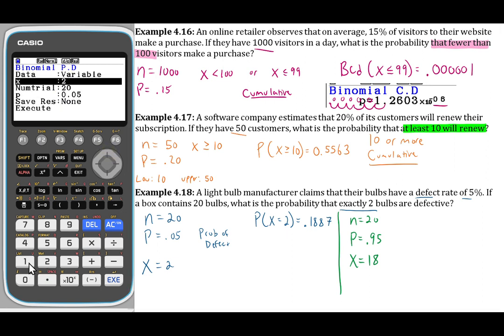So if we make X value of 18, number of trials is still 20. But we change the probability to 0.95. We'll get the same exact outcome, right? That 0.1887. So it doesn't matter if you use the 95% good rate or the 5% defect rate, we'll get the same outcome.